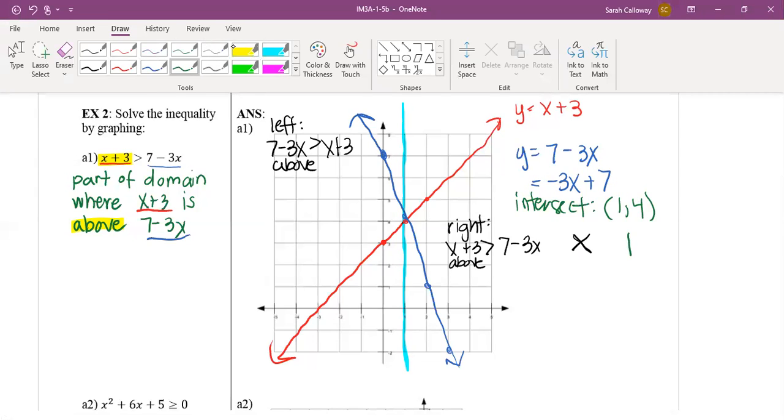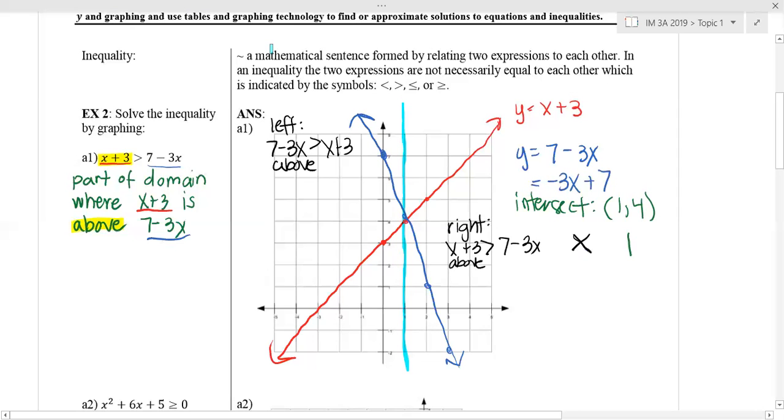And so when I write my answer this way, the side of the graph really tells me what my inequality is going to be. So if I look on my blue line, this side is where the red line is above the blue line, where x plus 3 is above 7 minus 3x. And so these numbers are all greater than 1.